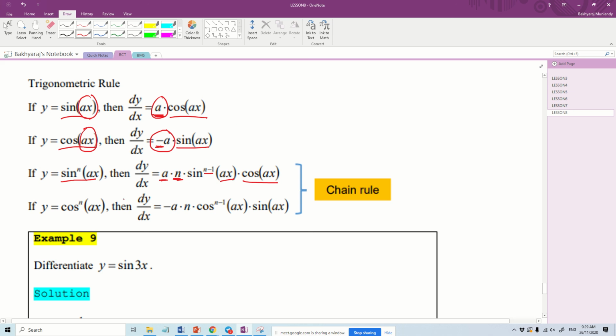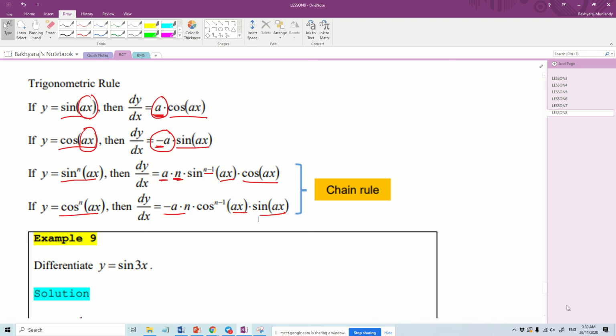Just to get to know the process. Then cos sama juga, dia akan ada n minus 1, n turun bawah, ada negative a cos ax dengan sin ax. I just go through like that only. We'll go through examples one by one.